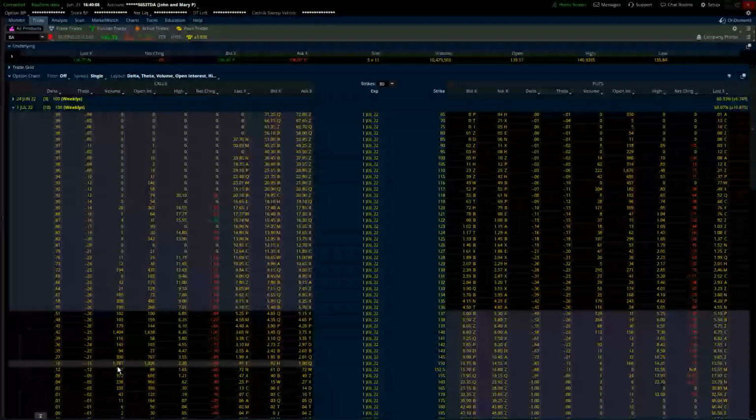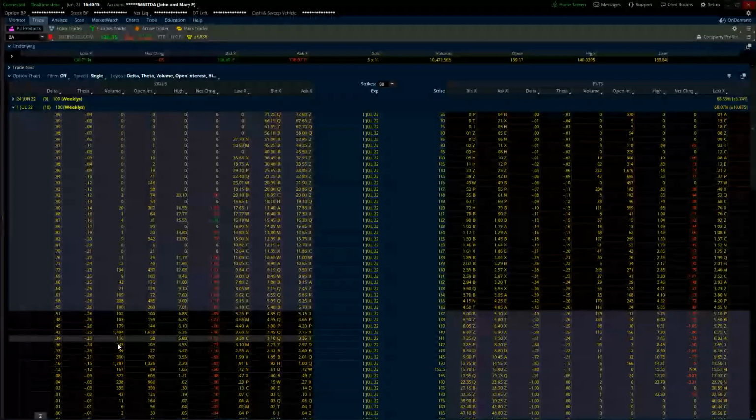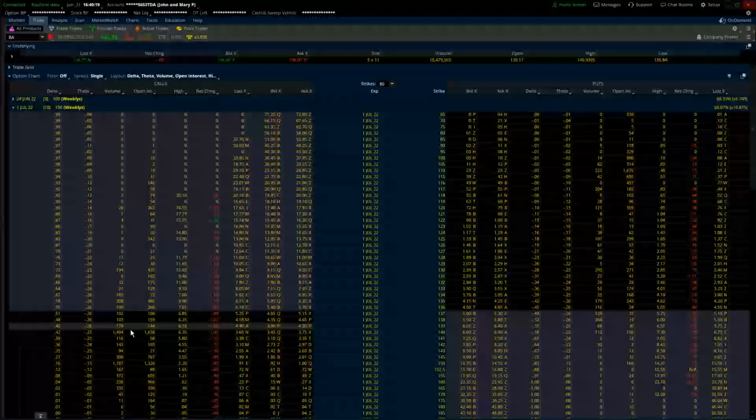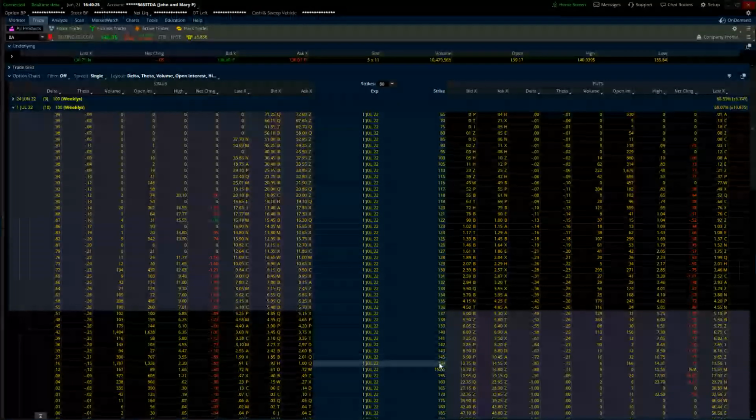Down below, 1,700 volume compared to 1,300 open interest. If this was 14,000 and that was 17,000, I'd say someone's probably done an unweighted bull spread. And if you look at the strikes, you're at 140, and then looking below, you're at 150. So that's a 10 wide spread, 140 strike call, 150 strike call.